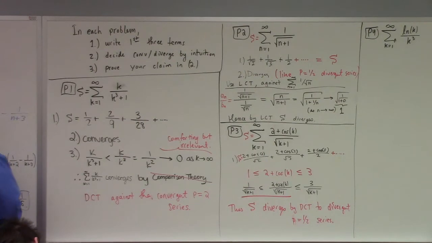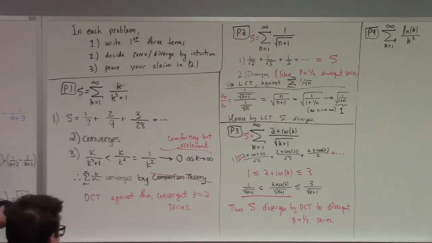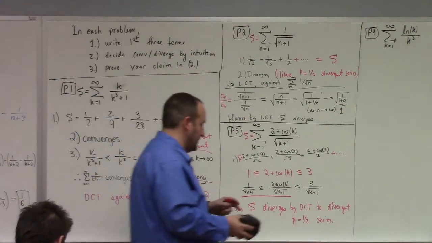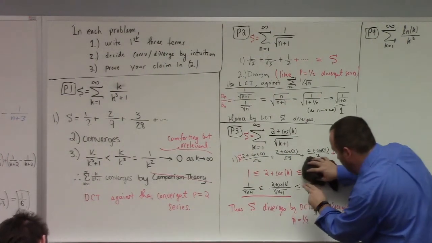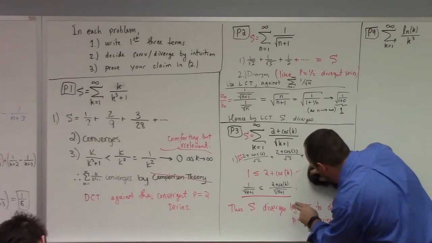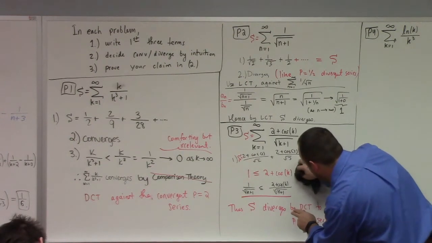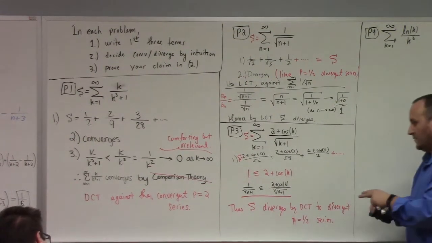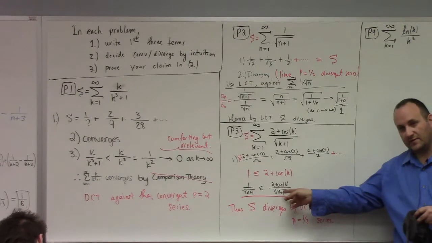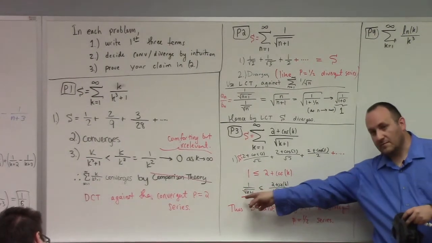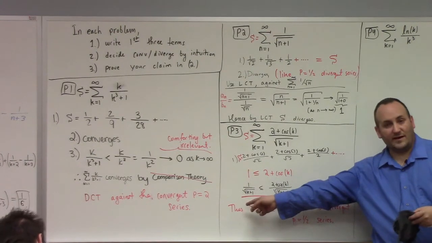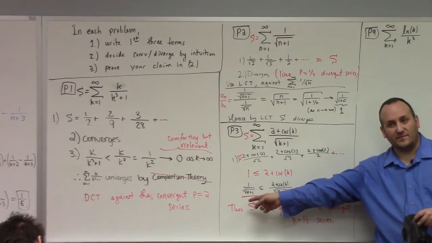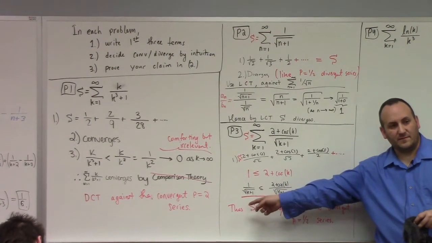So let me just fix my solution so it's even better. What I'm trying to say is this upper part doesn't matter a bit. The thing here that's important is that the given series, term by term, is larger than this. Oh, and I guess I'm still using something else, right? Is this p equals half?